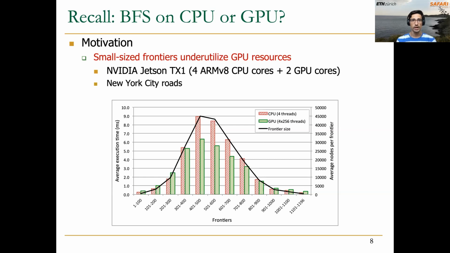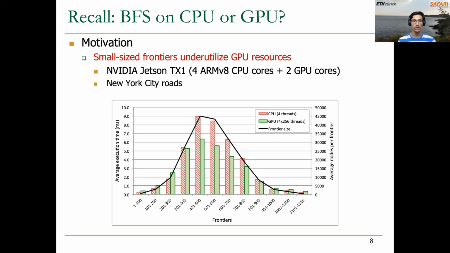If you look at this plot that we have in the slide, you see that for the different frontiers over the execution of the BFS algorithm, every time that we iterate, we have a new input frontier, and depending on what's the size of this input frontier, the CPU or the GPU might be better for execution of this frontier. And this essentially relates to the size of the frontiers, the number of nodes that we need to explore in every iteration.